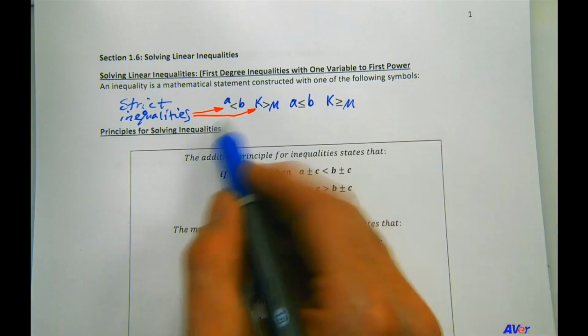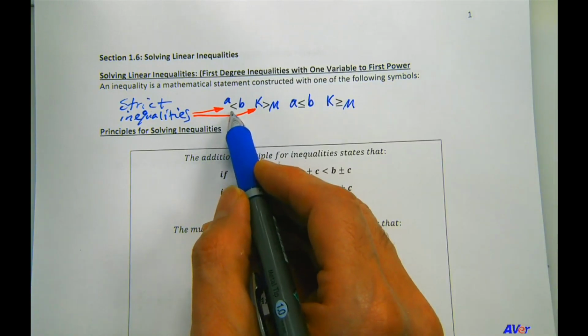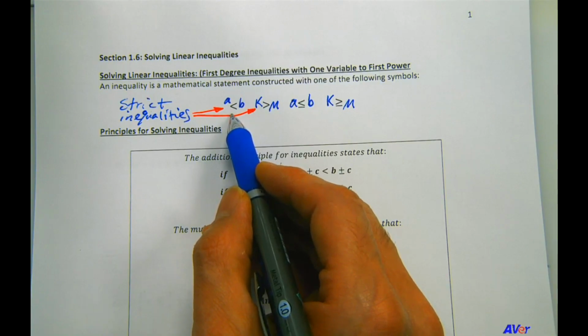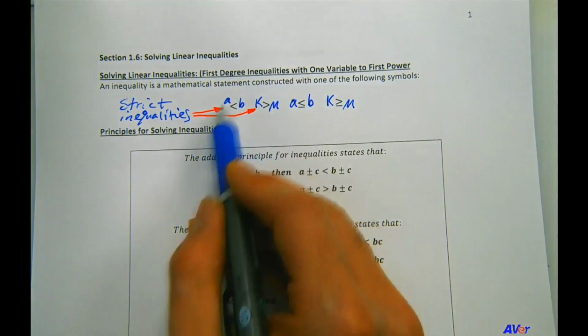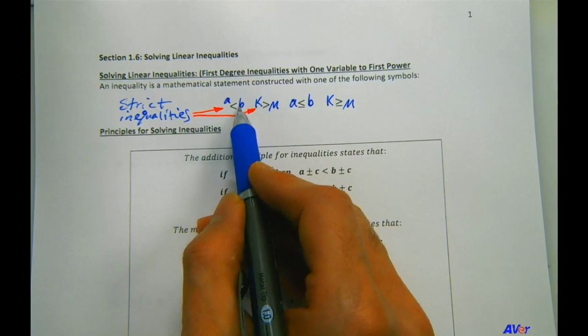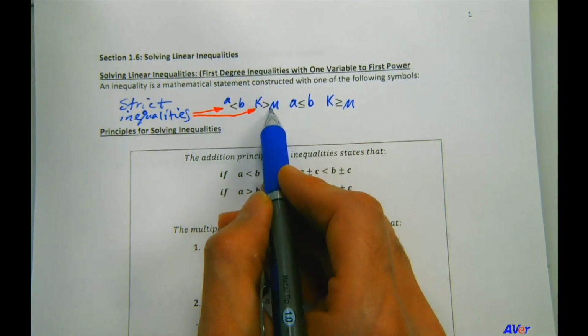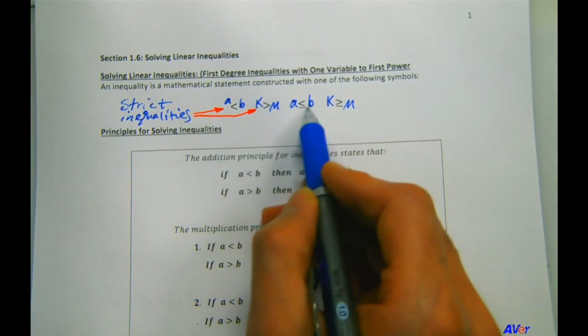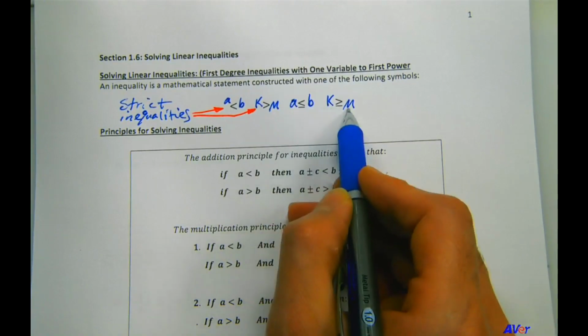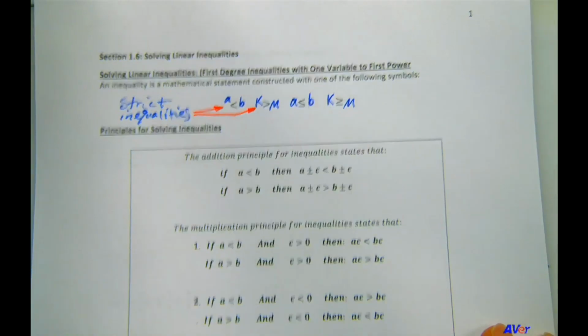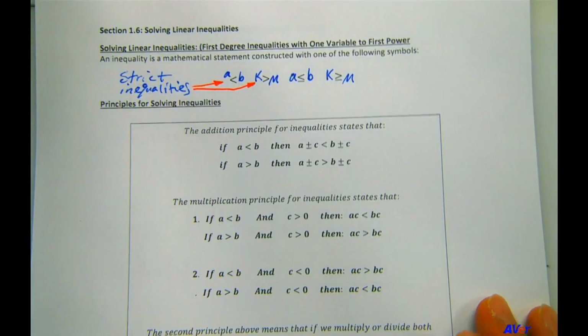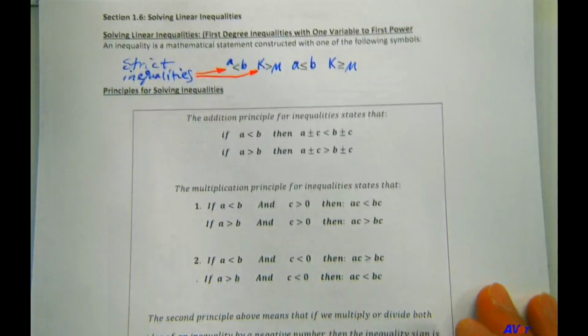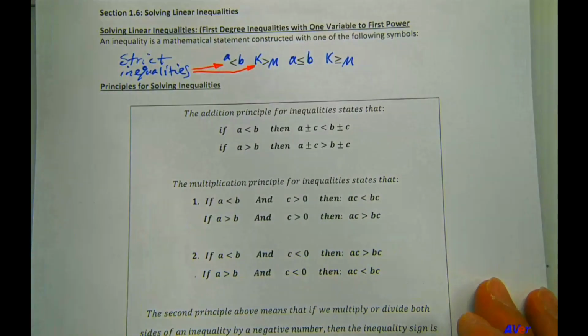And we always read these symbols the same way we read graphs, from left to right. So A less than B, K greater than M, A less than or equal to B, K greater than or equal to M.